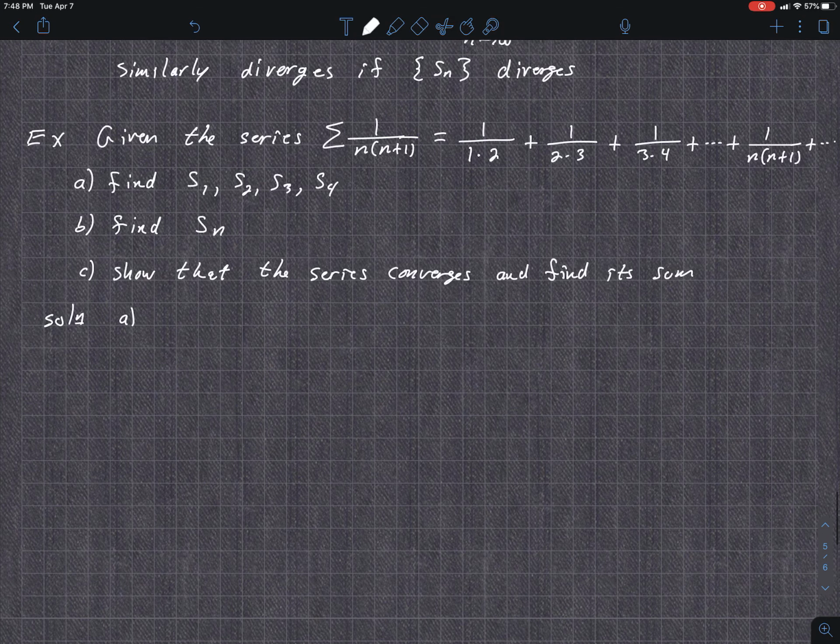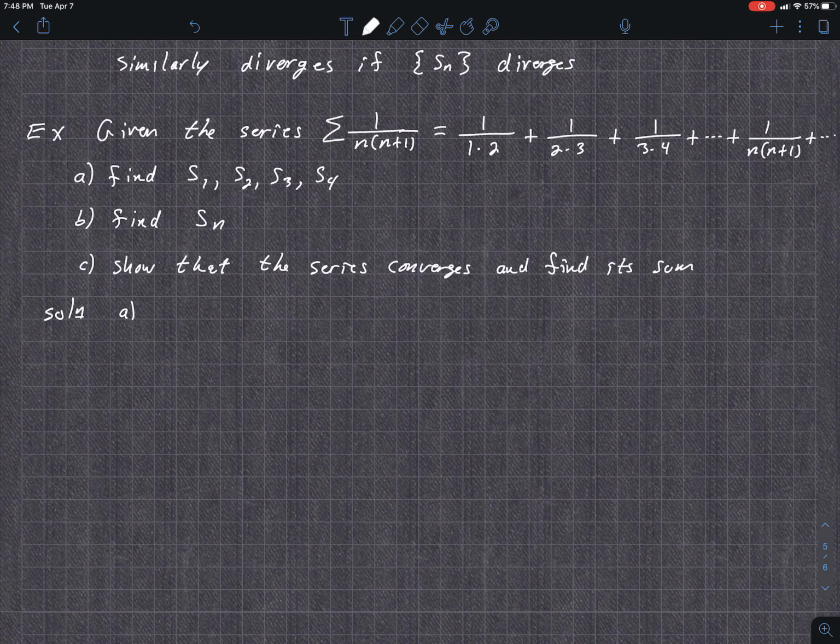So here's our solution. So A, let's just do some calculations. Just to be clear on what you're doing, you're adding up the terms. So S1 is just 1 over 1 times 2, which is a half. And let's go across. S2 is going to be 1 over 1 times 2 plus 1 over 2 times 3. I'll save you the arithmetic there.